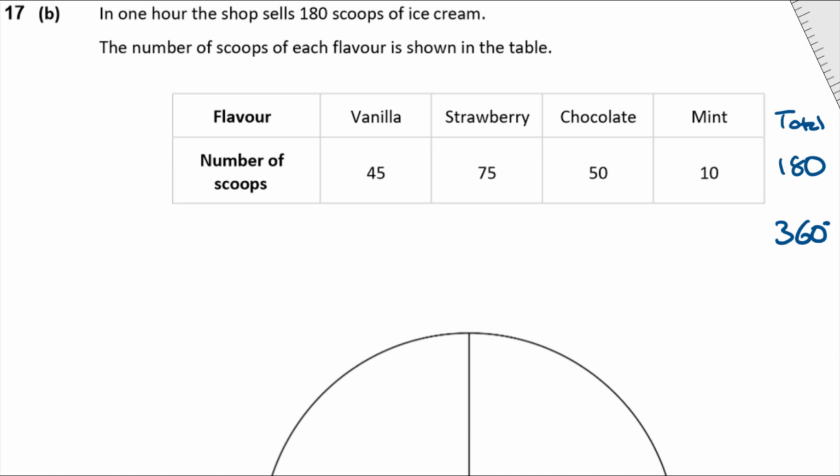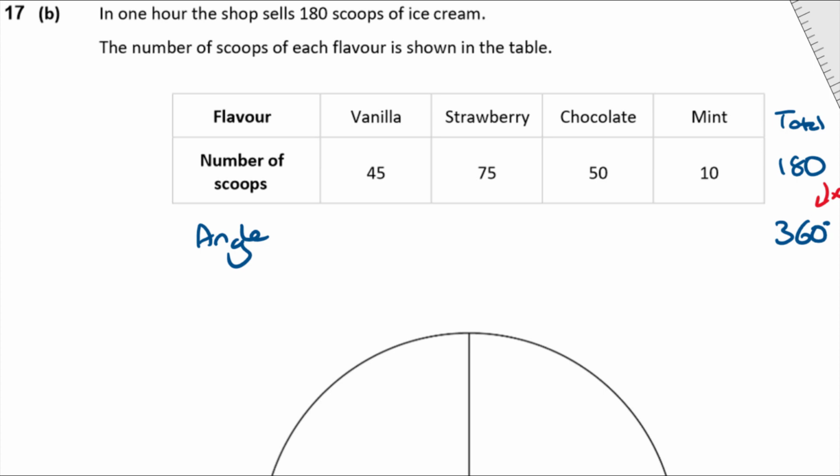So the angles that we're going to use need to add up to 360. Now you'll probably notice straight away that 360 is twice as big as 180. So that means we can use 2 degrees to represent 1 scoop of ice cream that was sold.